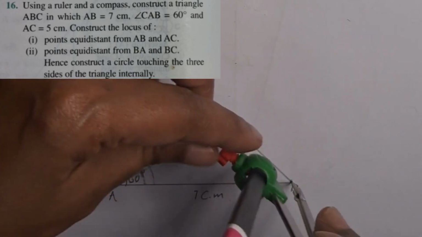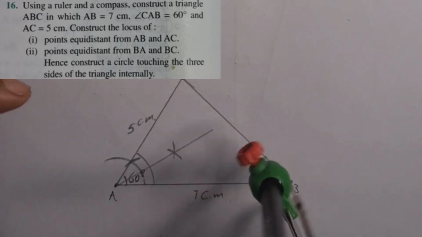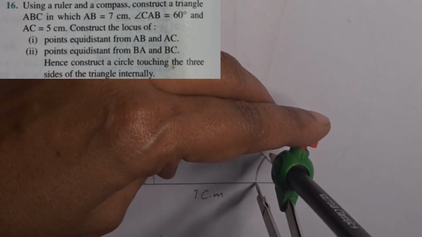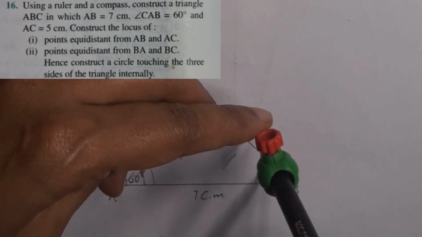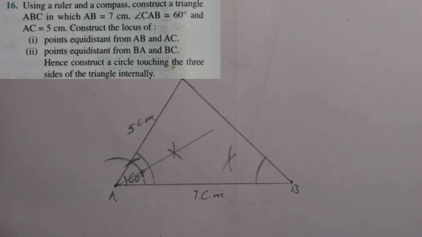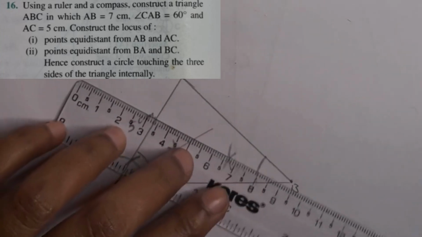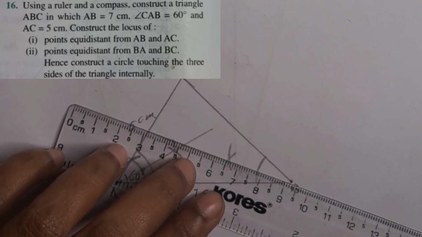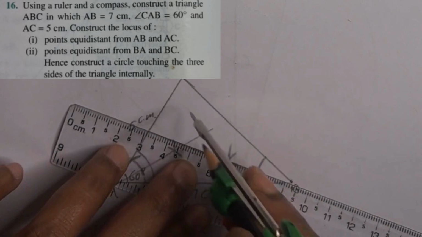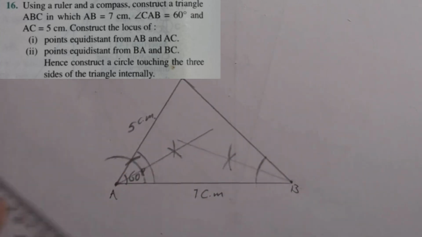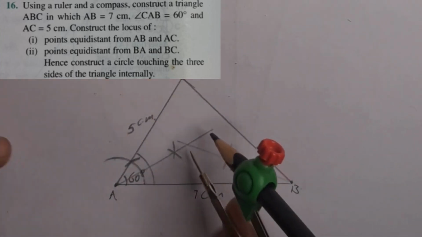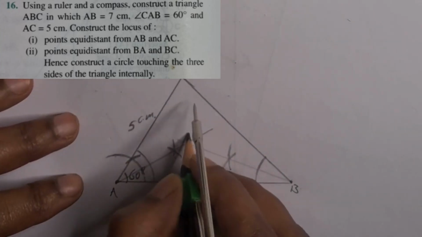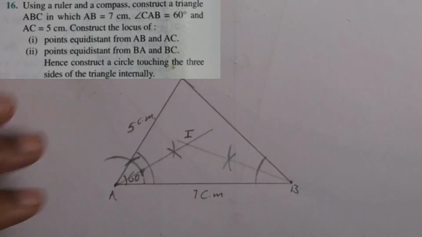Angle B bisector. Where they intersect, from here to this point we take I.